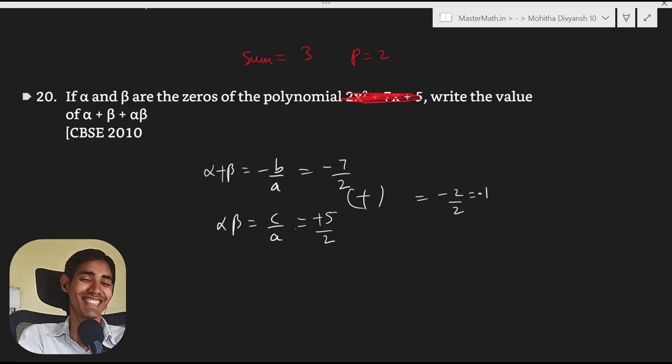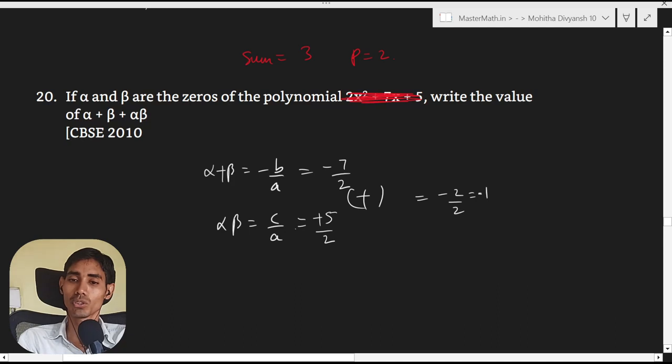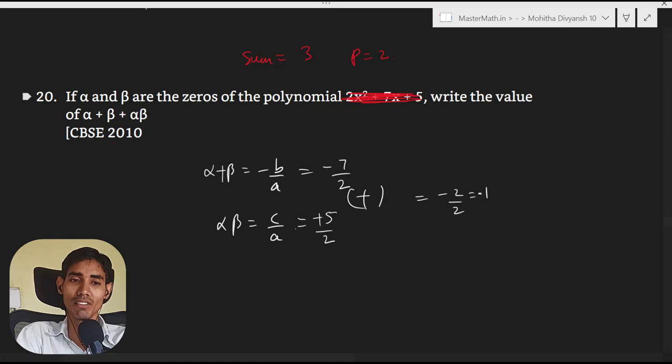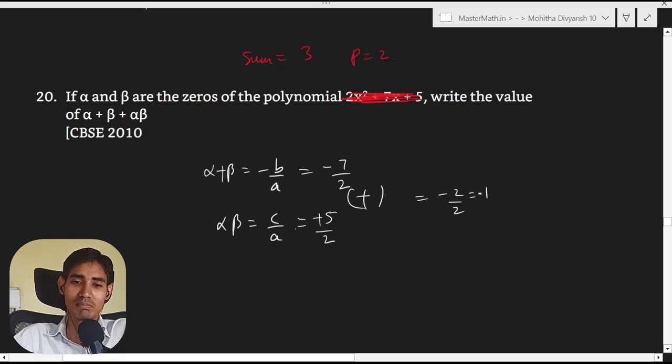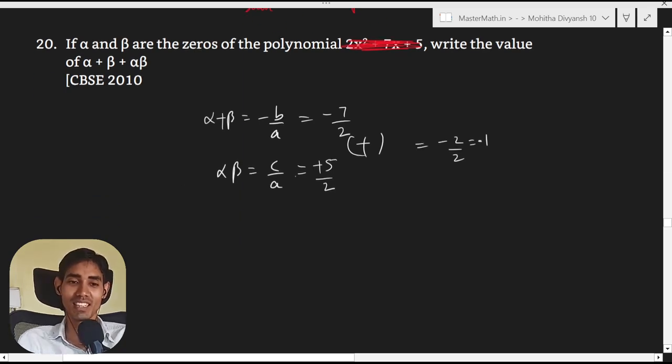The sum of two zeros is given as positive 3 and the product of two zeros of any polynomial is given as 2. We have to find alpha plus alpha beta. So 3 plus 2, that's it. Alpha plus beta is 3 and the product is 2. Now this sounds silly for this question, but this is the deal.